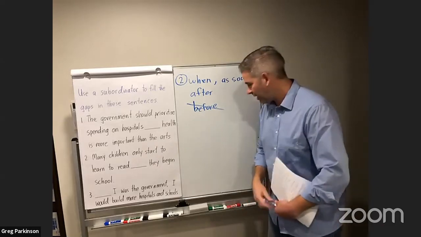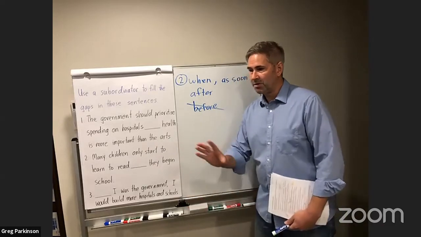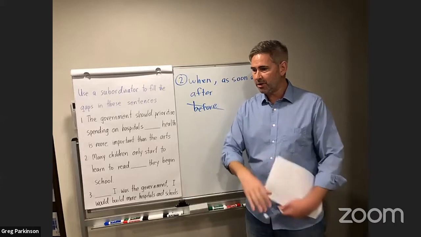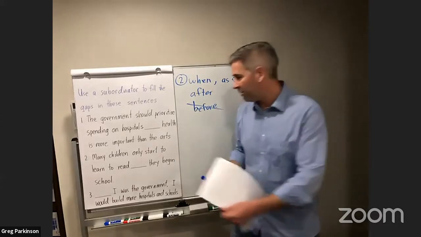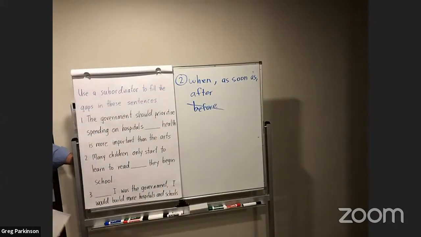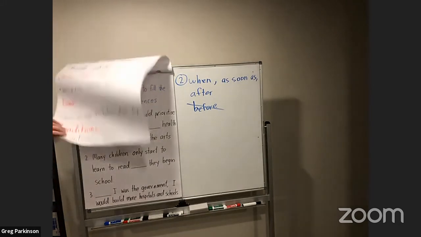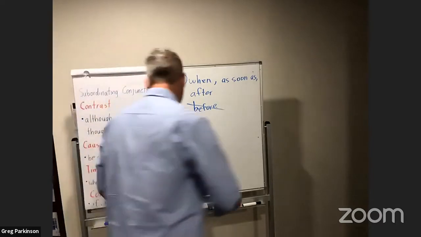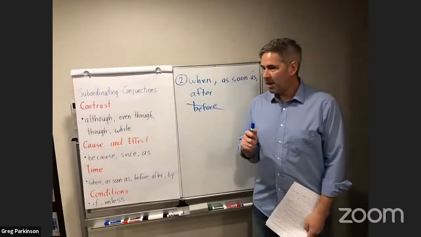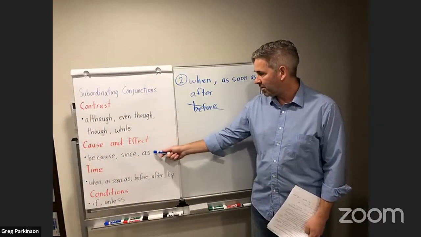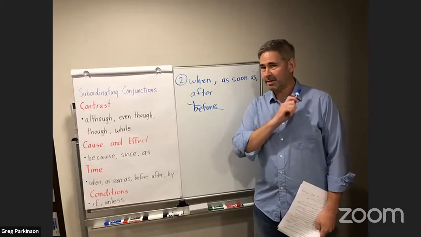I have a question here about cause and effect subordinating conjunctions. So I'm going to show those again for you. Now, somebody has mentioned that for cause and effect, we could also have due to. Yes, absolutely.